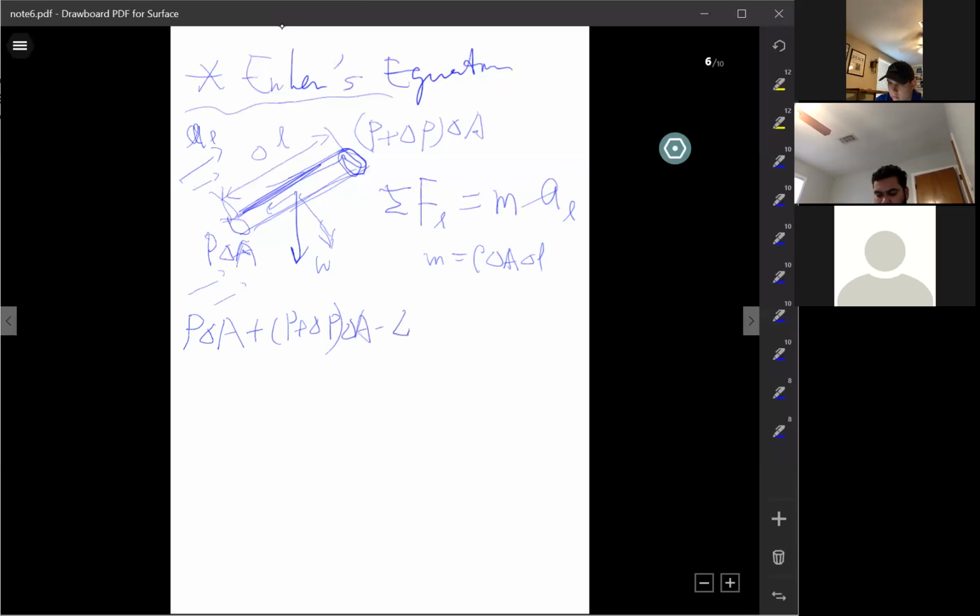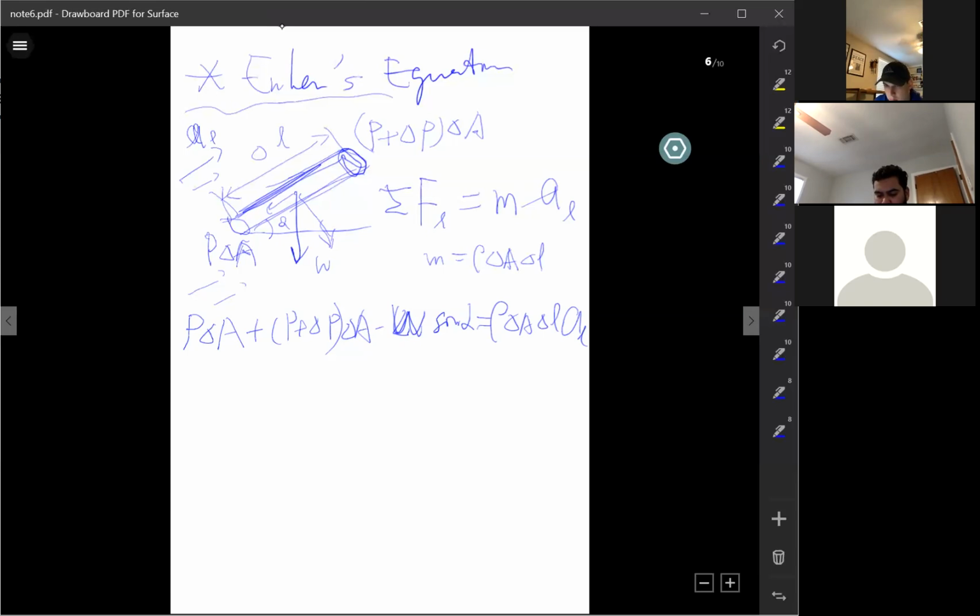The W sine alpha, again this is the alpha, that component equals rho delta A delta L A_L. Similar to what we had last time, except the right-hand side is not 0 here.